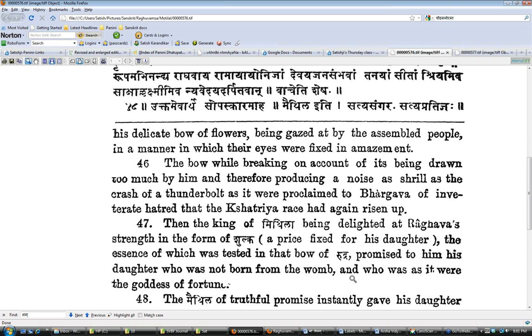I would have said who was, as it were, the goddess of fortune incarnate. Maybe that would have been slightly better, but he didn't put the Rupini that clearly. Anyway, it's okay. Rupini means in physical form, incarnate, personified.